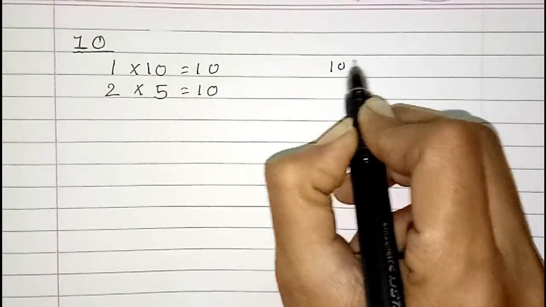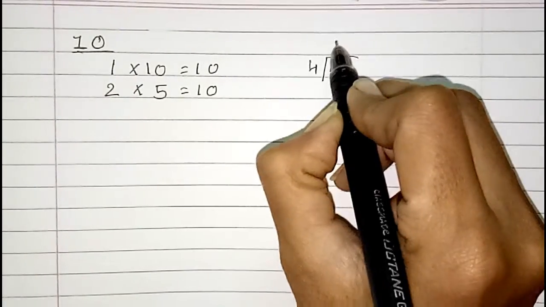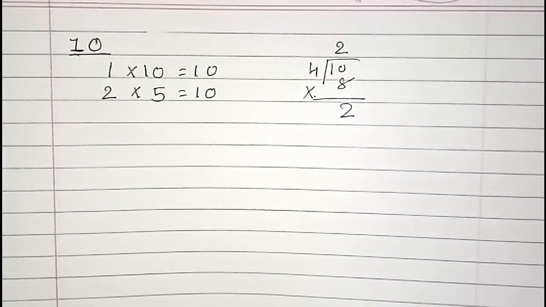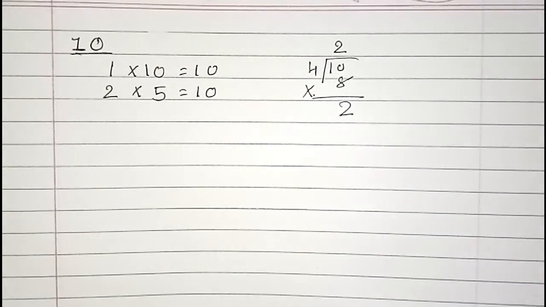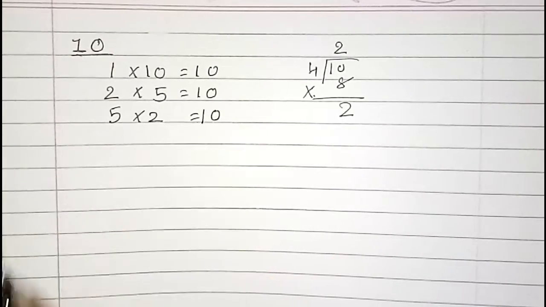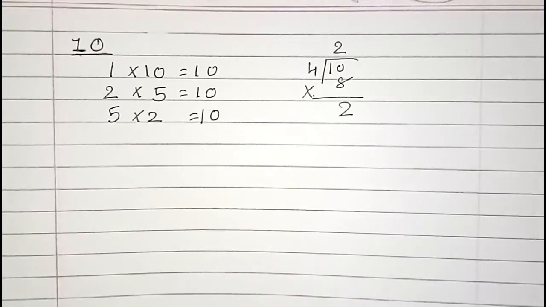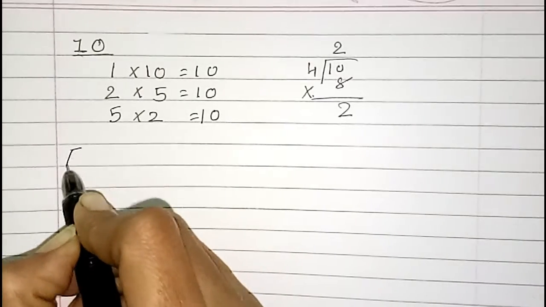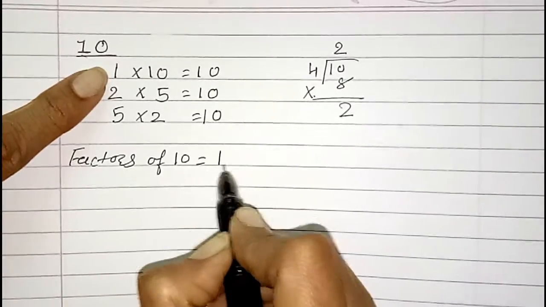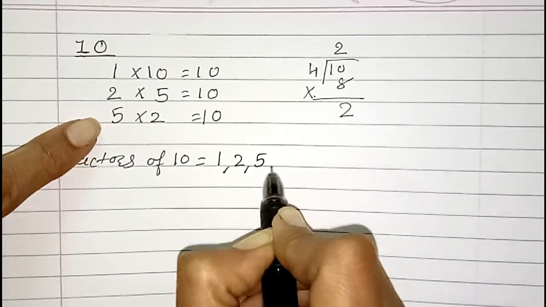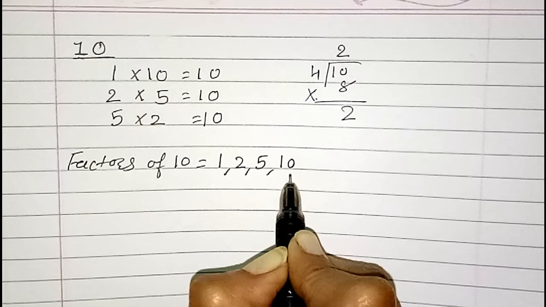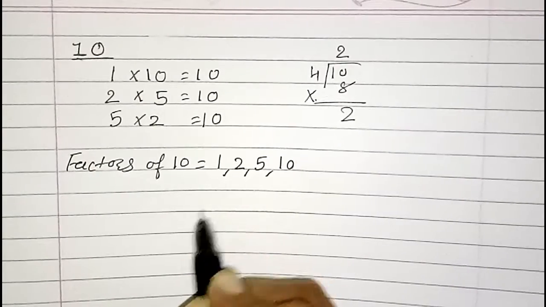Now divide 10 by 4. 4 twos are 8, 2 is the remainder, so this number cannot be divided by 4. 5, yes, 5 twos are 10. It repeats, so we have to stop. Whenever the same number repeats, we have to stop. Now the factors of 10 are 1, 2, 5. 2 we already wrote, 5 we wrote, so 10.